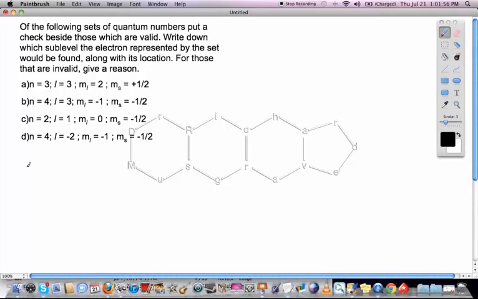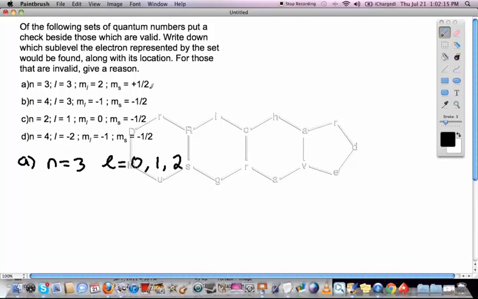So if we take a look at A first, we've got n equals 3, and if n equals 3, then L can equal 0, 1, or 2. And you can see already that L equals 3, so that's not going to work out so well.